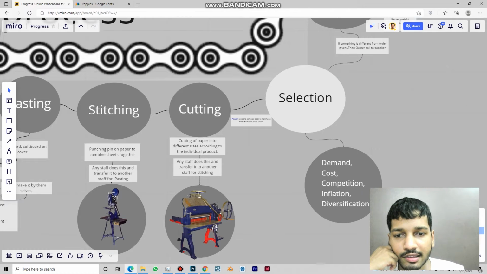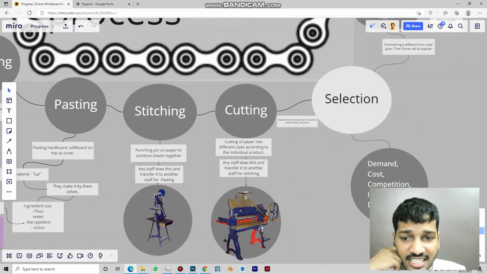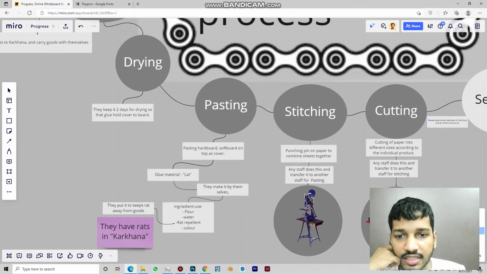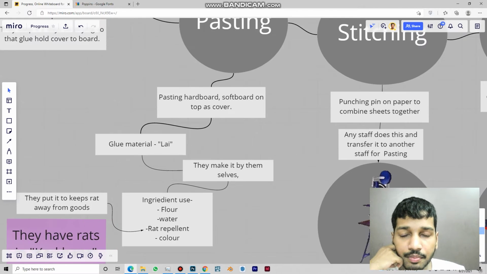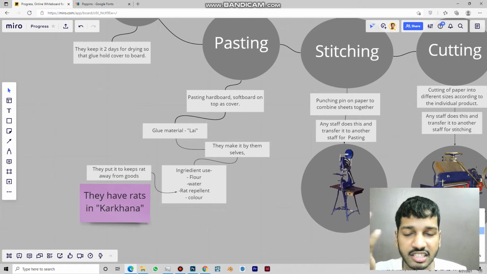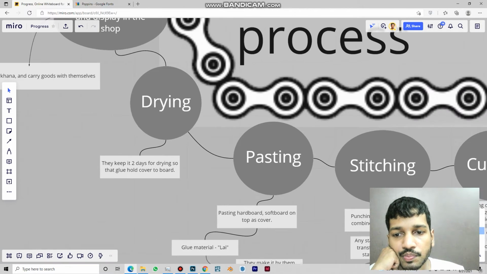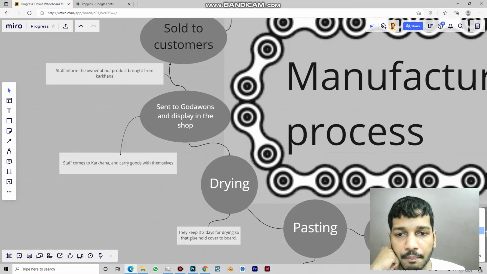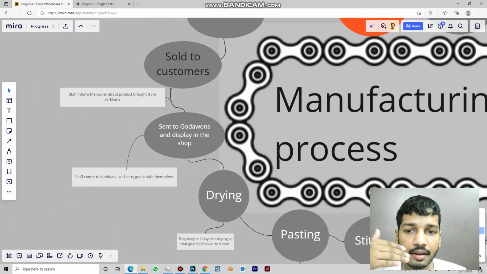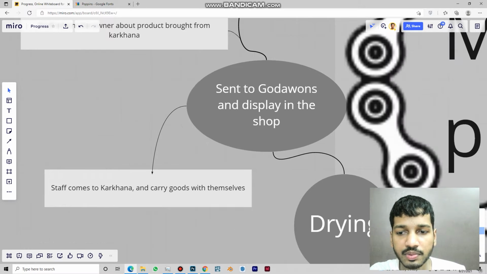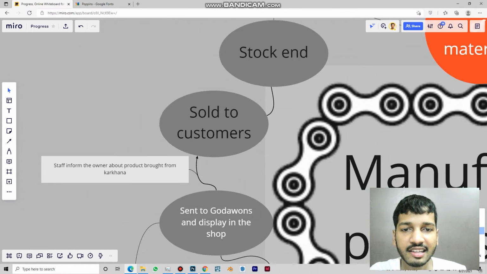Then comes the process of cutting, stitching, who does it, and the pasting of hardboard and softwood top as a cover, what binding material and glue they use, how the drying happens, and how it is sent back to the godown, displayed in the shop, and finally sold to the customer.